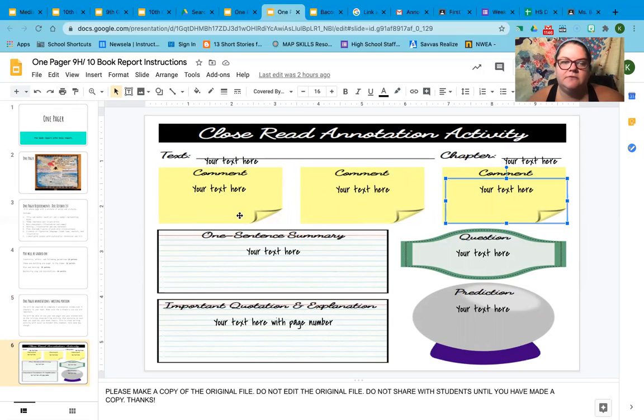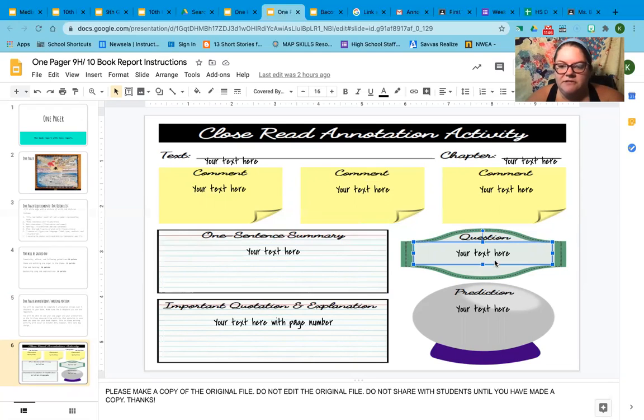All right. So this chapter was monumental for this reason, or this chapter really developed a lot of characterization. Okay, and then you're going to put a 1-sentence summary. So this chapter covered the death of Dumbledore, right?